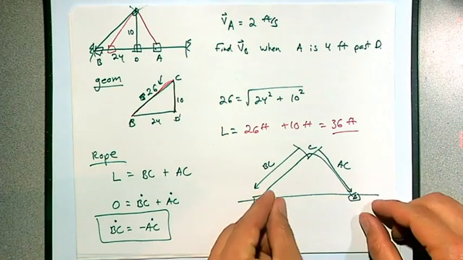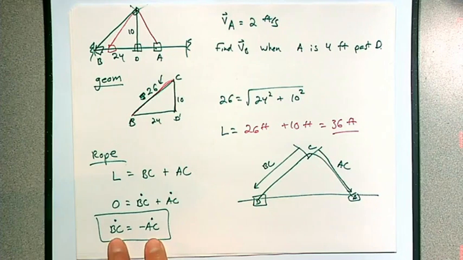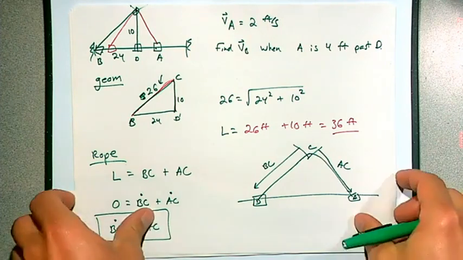That as one section of the rope gets longer, the other gets shorter in equal proportions, 1 to 1. That's great, but we can also write equations for what these guys look like because they're just triangles.